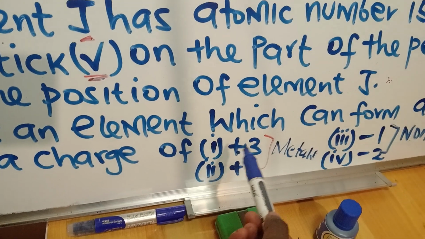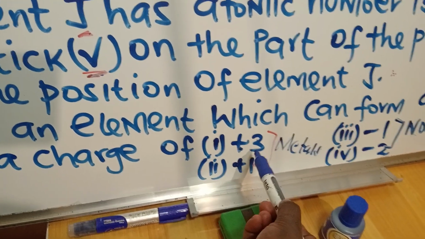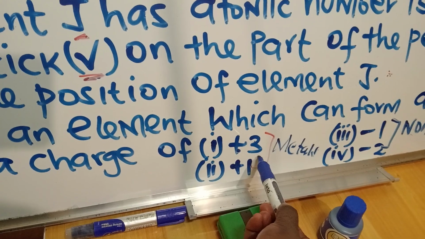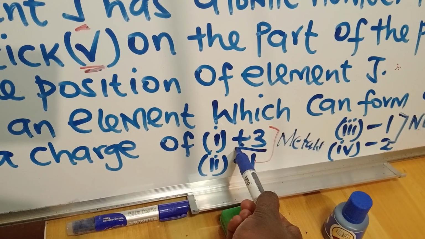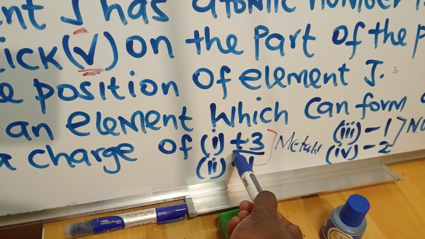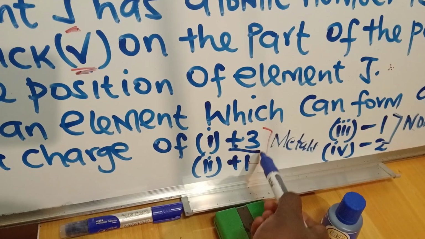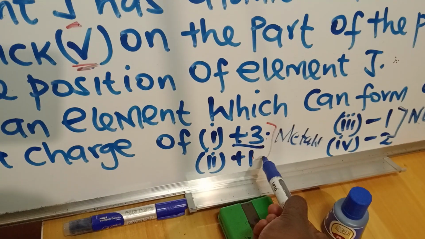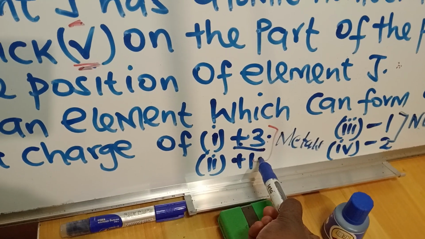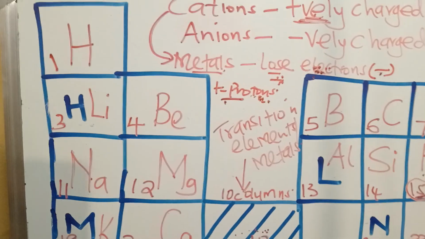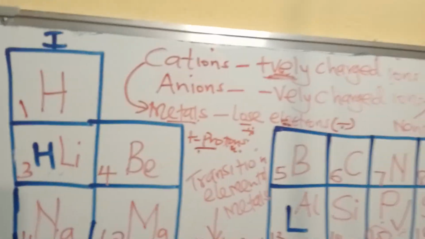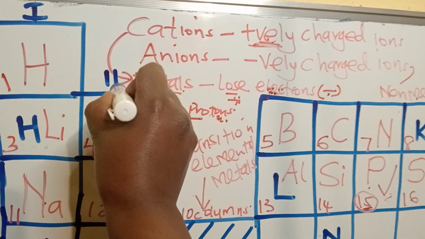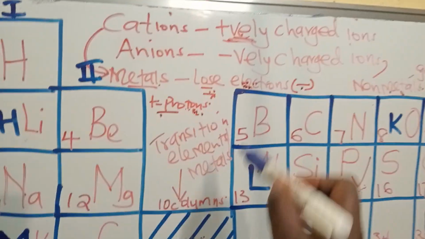So meaning, now that these are two metals, the one that will be losing 3 electrons, so acquiring a charge of +3, must be in group 3. This one is in group 1. So remember from our previous lesson, I told you how you are supposed to write the number of the group. So that is group 1, group 2.